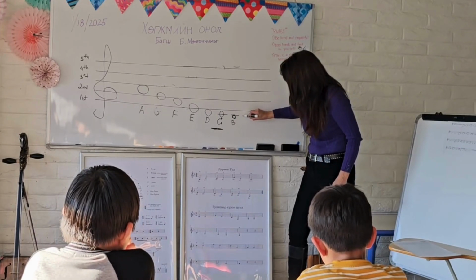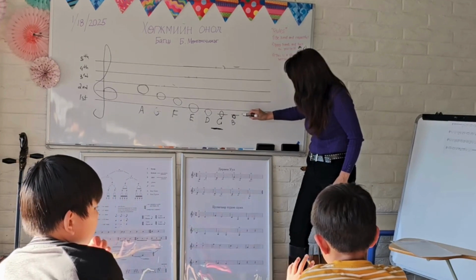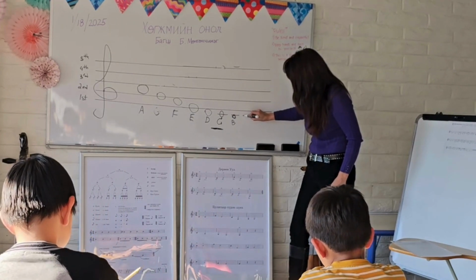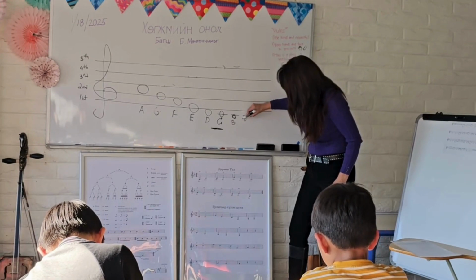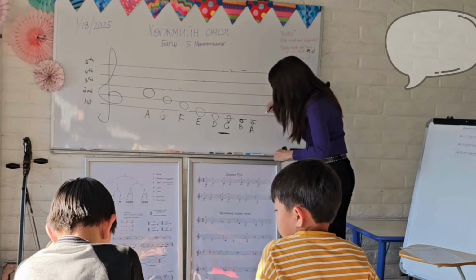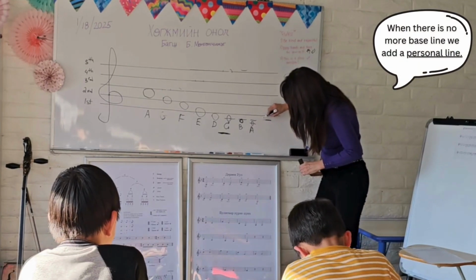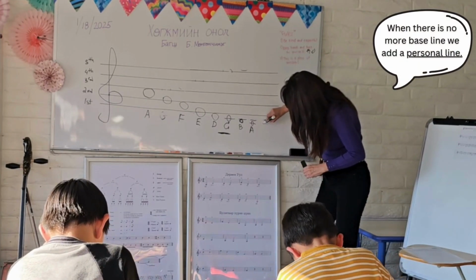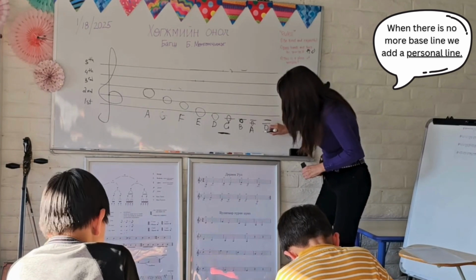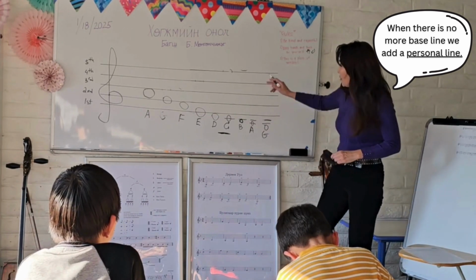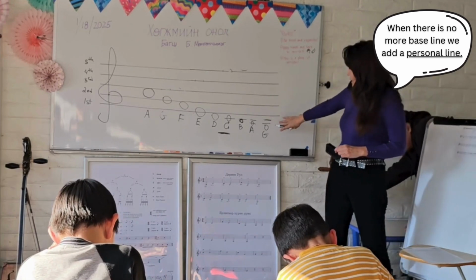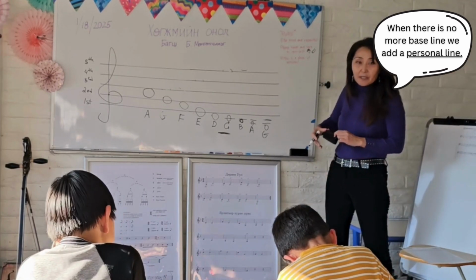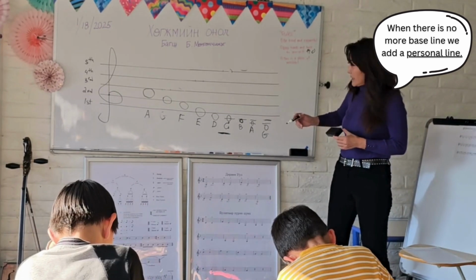And now, one of the small lines, we added a 6th line. You're gonna add another personal line. So we now went backwards, all the way down to G. Does it make sense?